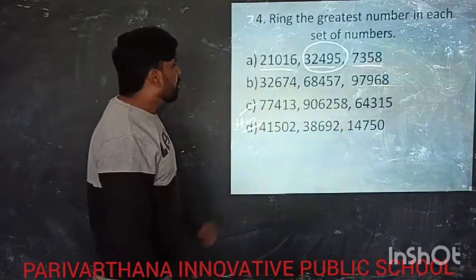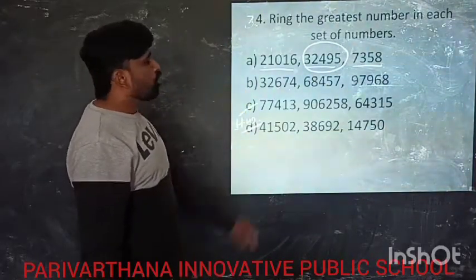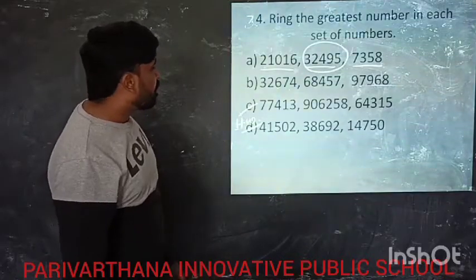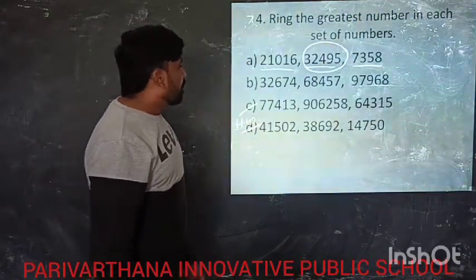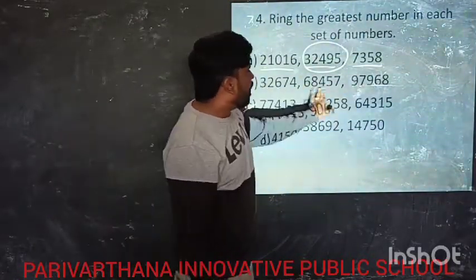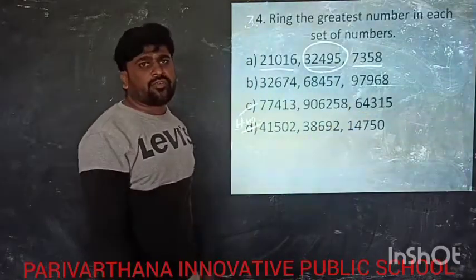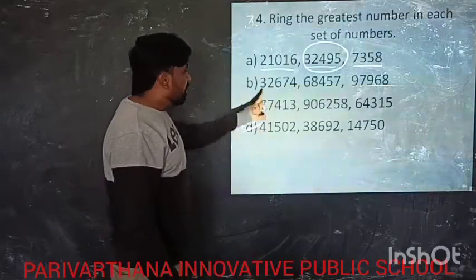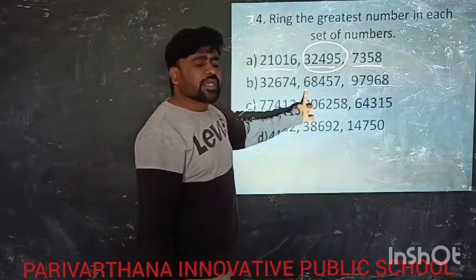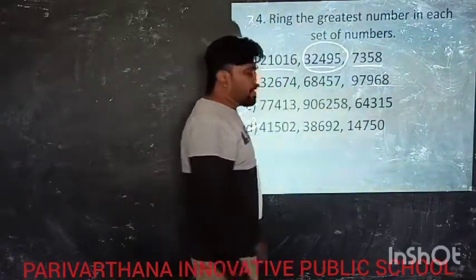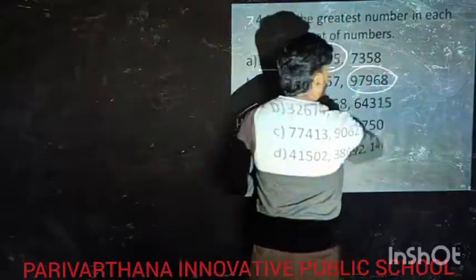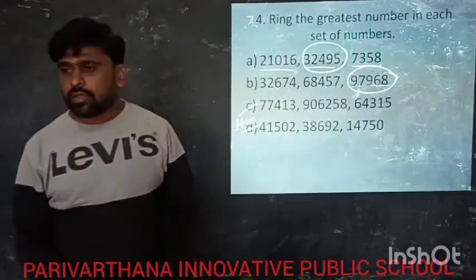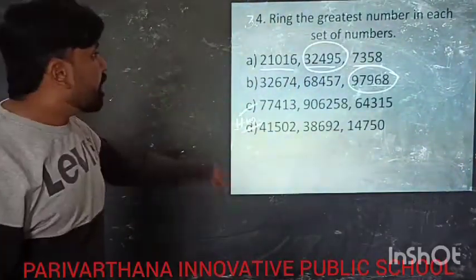Second one, fourth main, second problem. Count the number of digits: 5, 5, 5. We cannot identify by counting the number of digits. Then come to the 10,000 place: 3, 6, 9. Therefore 9 will be the big number. Okay na? Next, try the C and D problems.